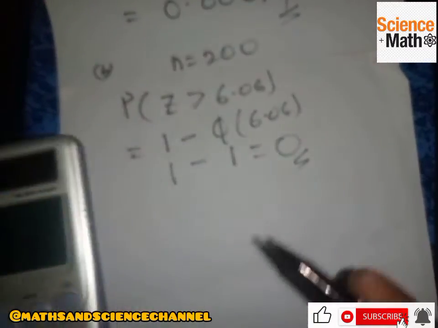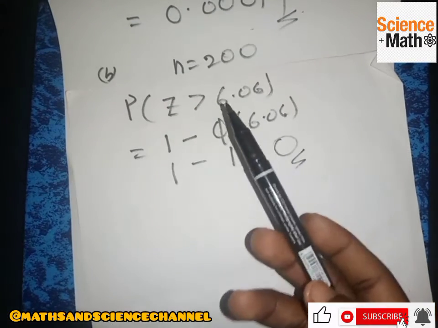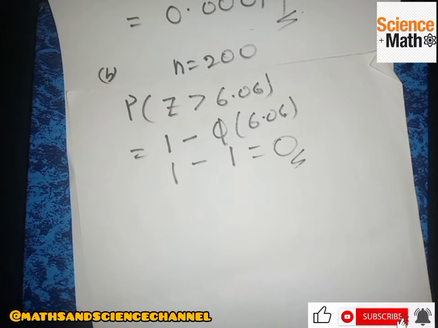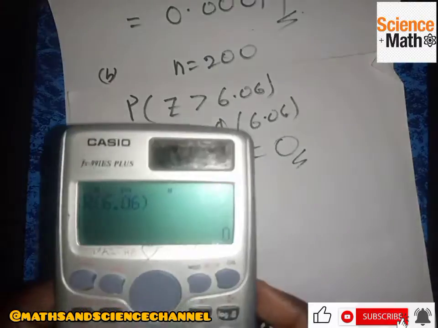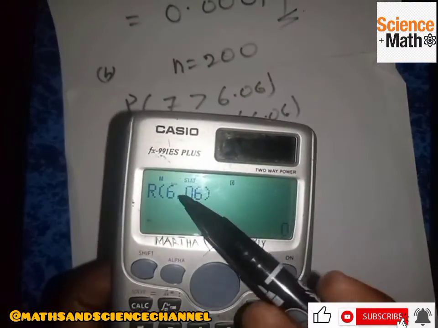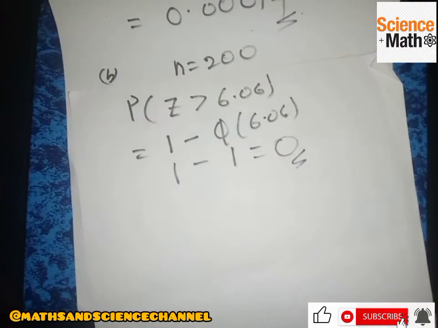So any value that is more than what is given on the table is approximately equal to 1 in this case. So everything here goes to 0, because if you do the whole thing, it just gives you 0, straightforward.